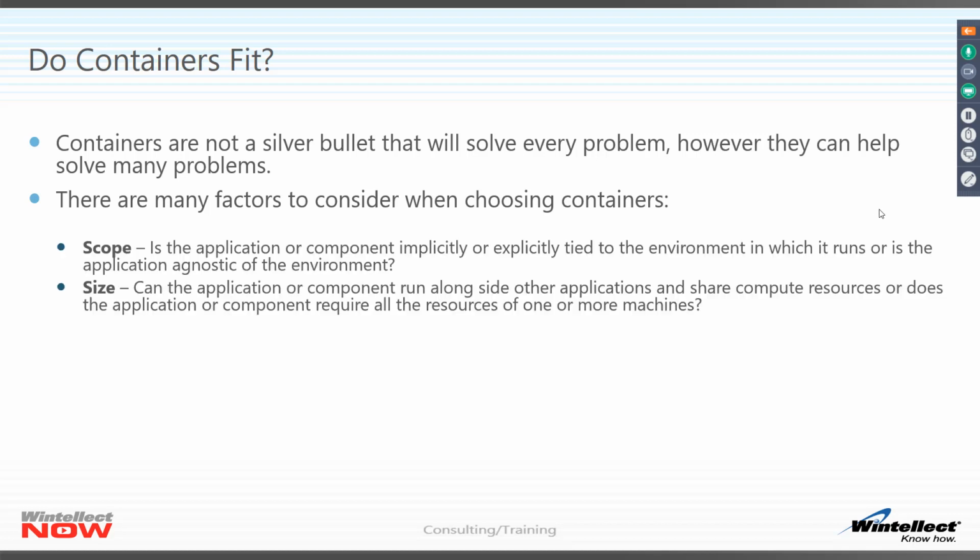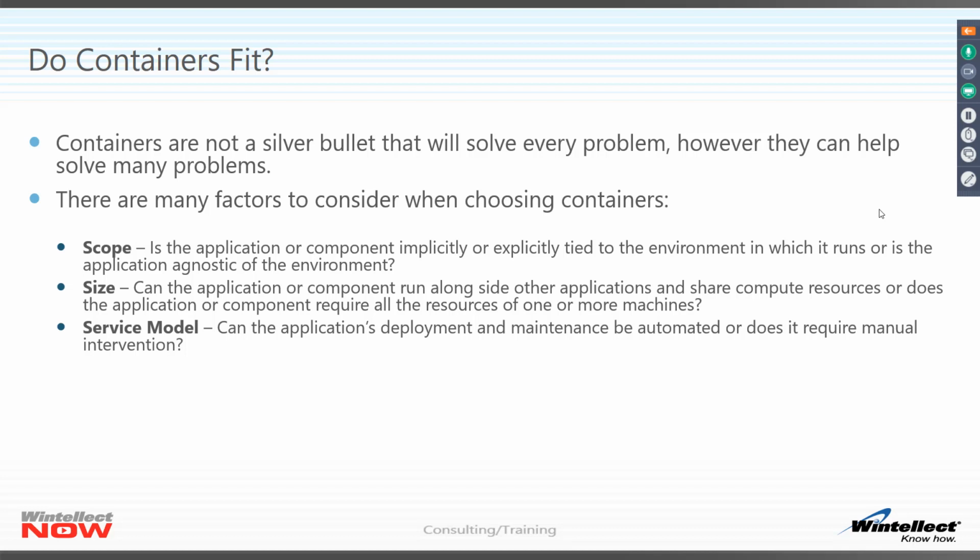So here are some factors that we want to look at whenever we talk about containers. You want to talk about scope, size, and the service model that you're going to be using. When I talk about scope, I'm talking about whether the application is implicitly or explicitly tied to an environment, or is more agnostic to the environment. For instance, if I have a driver that is tied to a piece of hardware, then that is not environment agnostic.